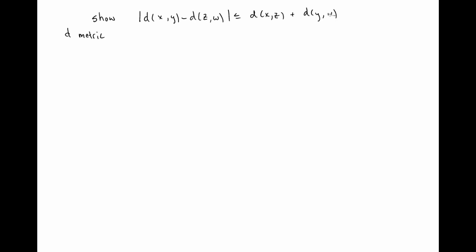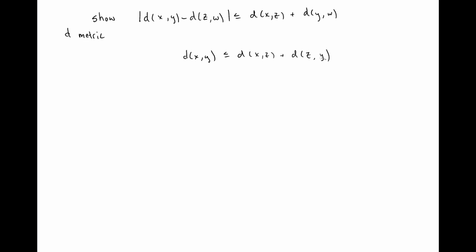So let's see. I started with d(x,y), and I can write this as d(x,z) plus d(z,y) from the triangle inequality.